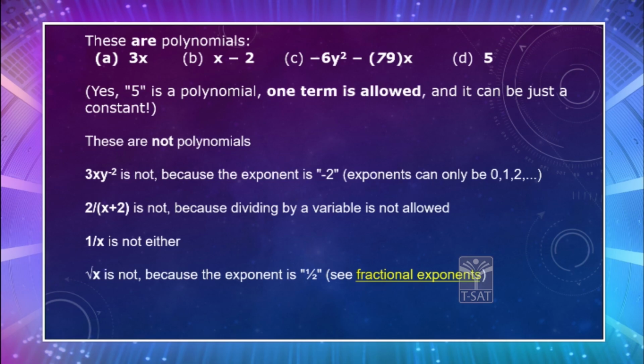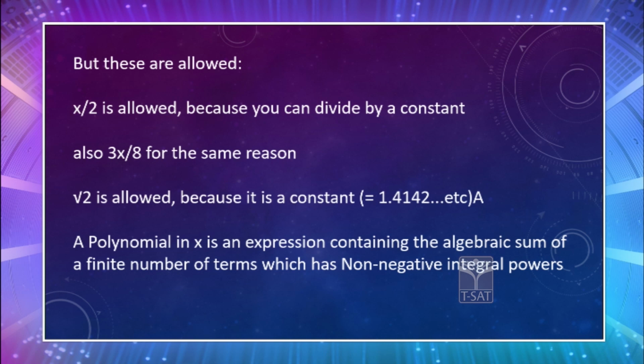Is it clear? So, for a polynomial this is very important. Maybe you have a doubt: I am taking x by 2. So, x by 2 is allowed because you can divide an expression by a constant, but you cannot divide an expression by the variable.